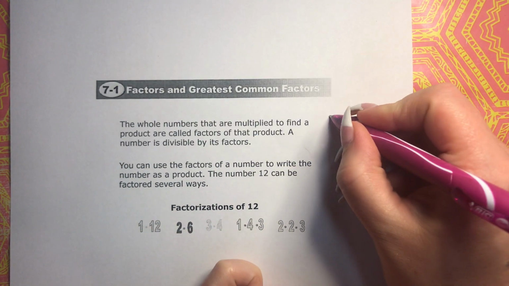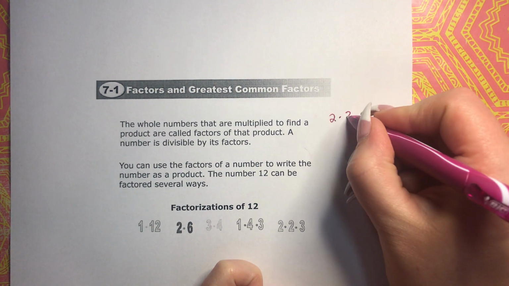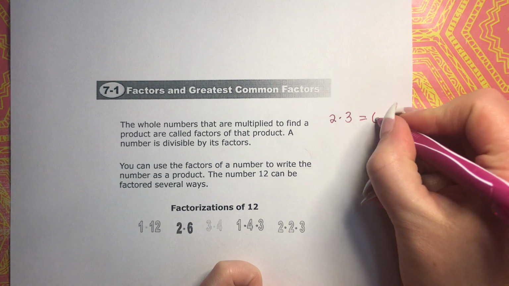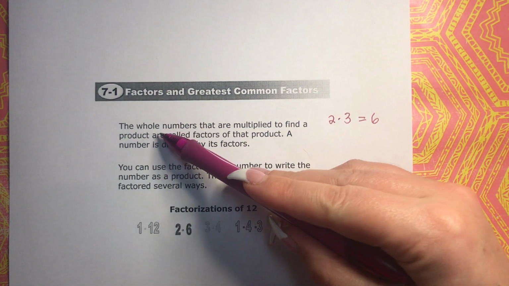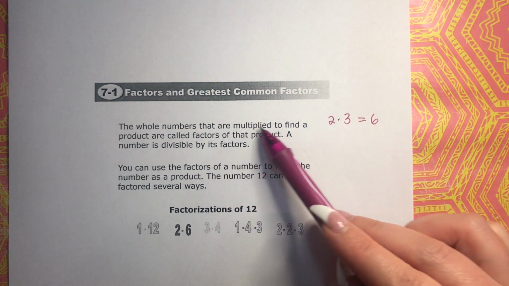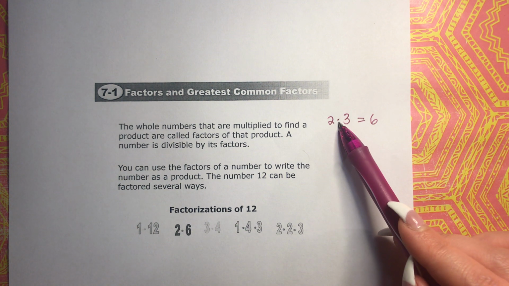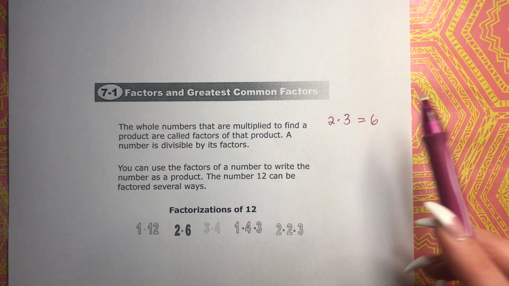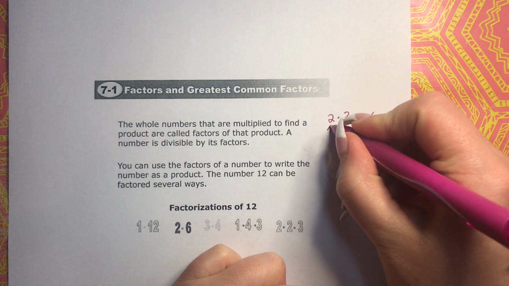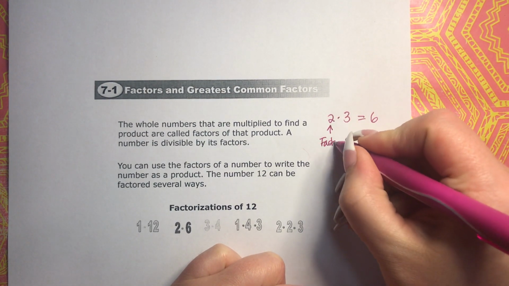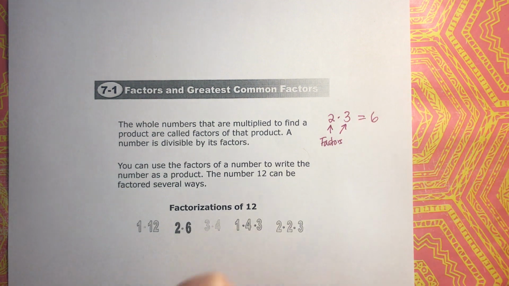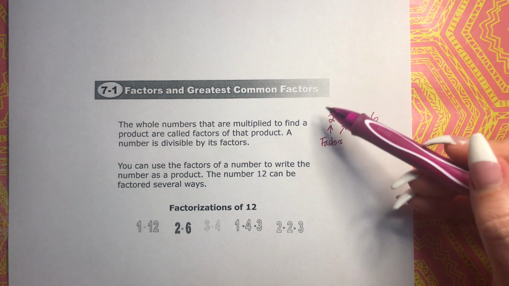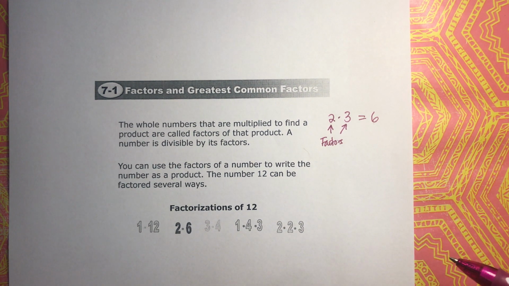Those are whole numbers, and they're multiplied: 2 times 3 is equal to 6. So this is our product, and these are called factors of this product. 6 is made up of the factors 2 times 3.